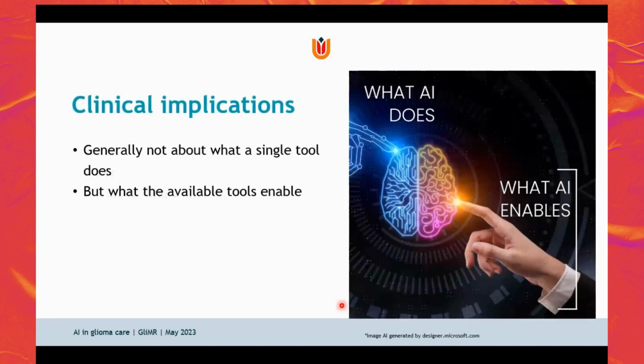So with this talk starting with automatic segmentation, it's all nice and well that we can now delineate a tumor, but what's the use of that for the clinical practice? And I think for most of these AI applications, it's not really about what a single tool does, but the things that having this tool enables us to do.